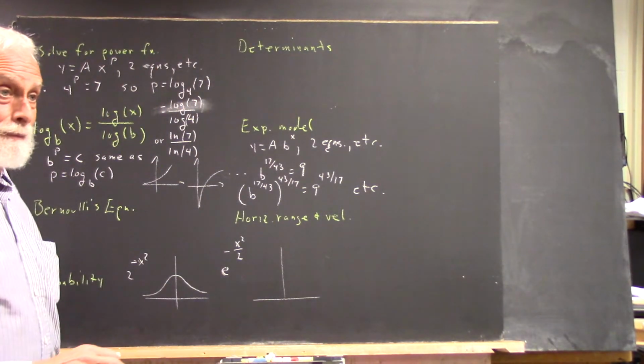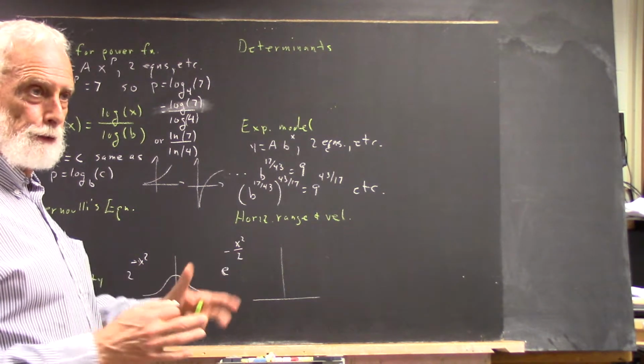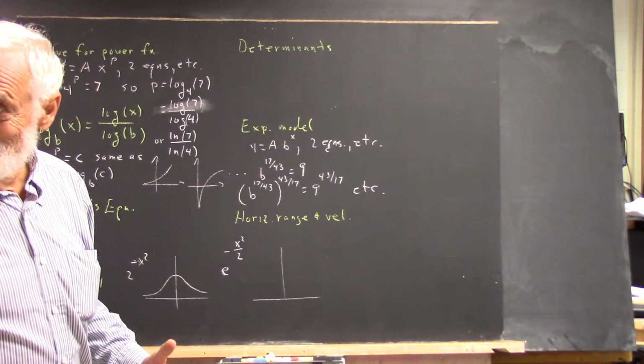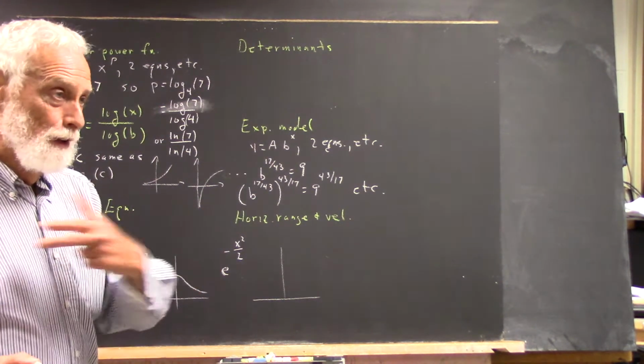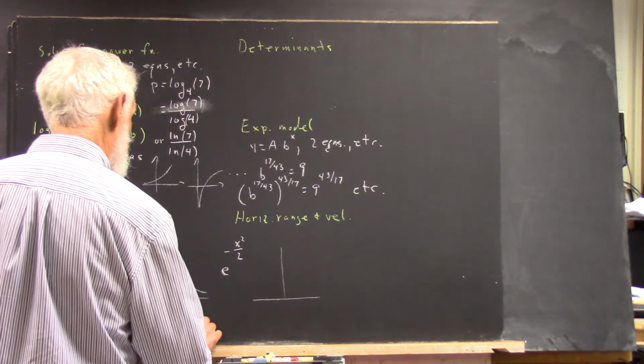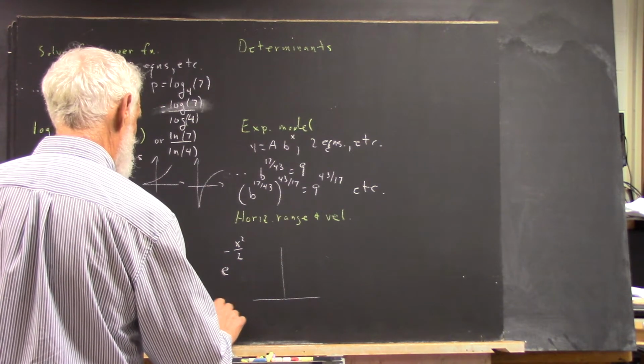Okay? It's the limiting value of what you get if you compound interest n times and take the limit as n goes to infinity. Okay? So I can say e, you don't have to necessarily remember this, but it wouldn't hurt.